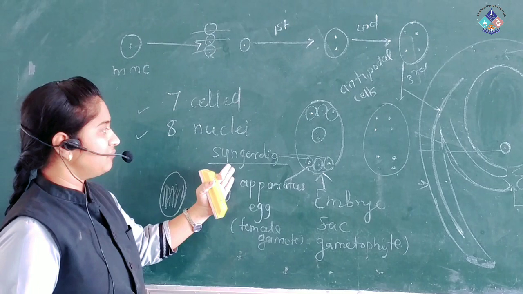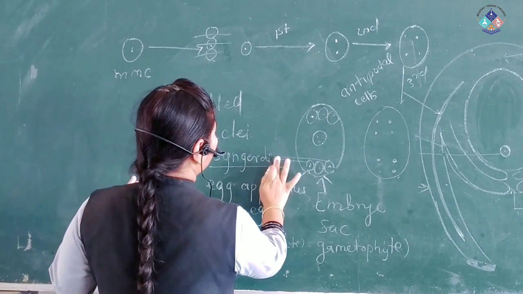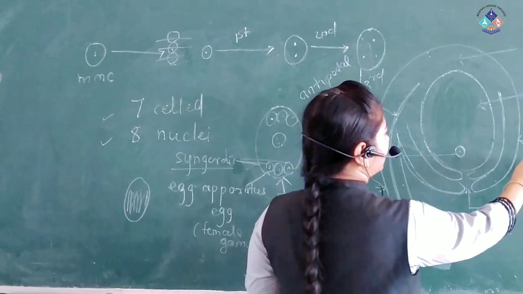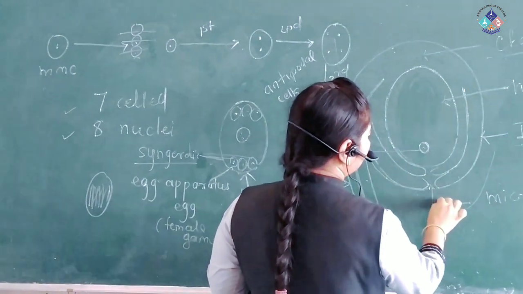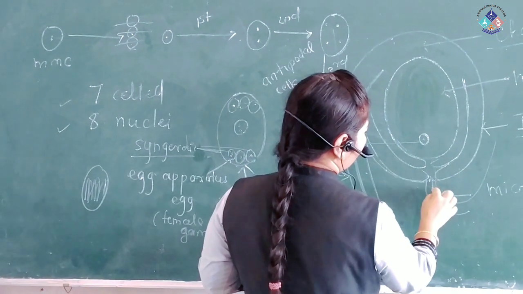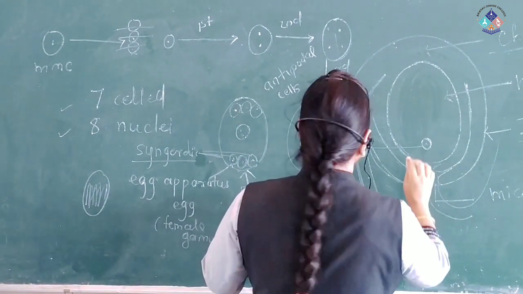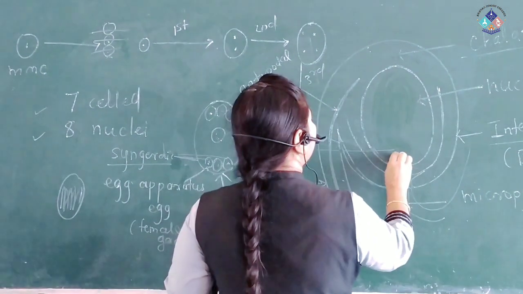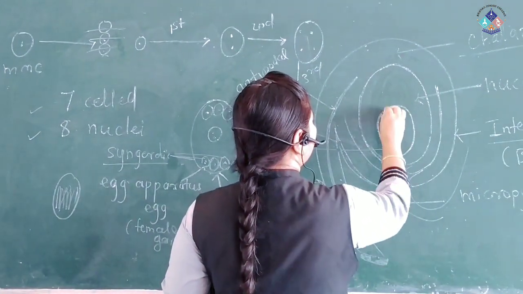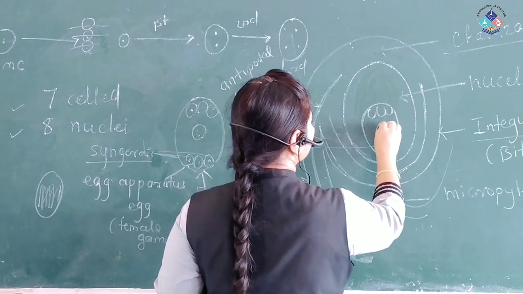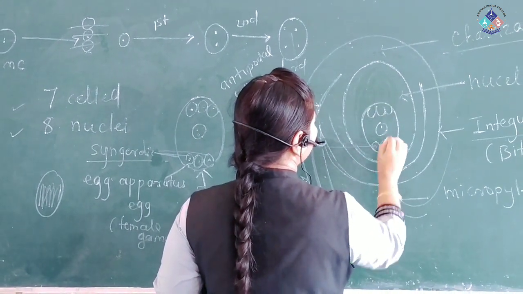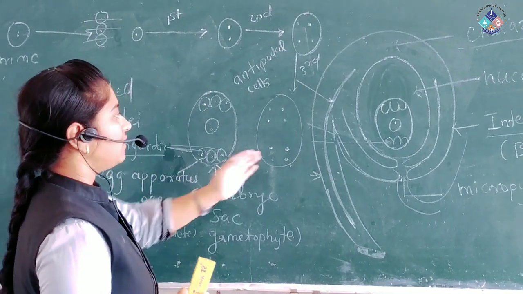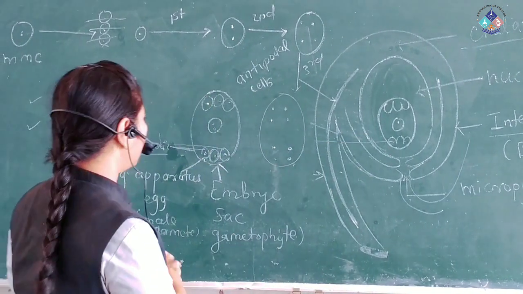It is very important for the entry of the pollen tube. You already know that the pollen tube enters through the micropyle. Now I'll show you this structure. This is the complete mature structure of an anatropous ovule, when the embryo sac is formed.